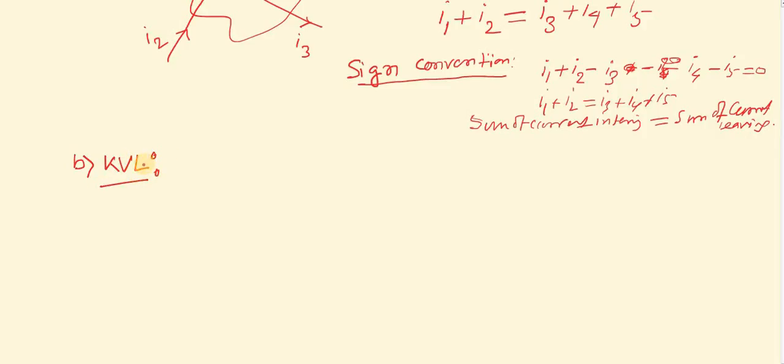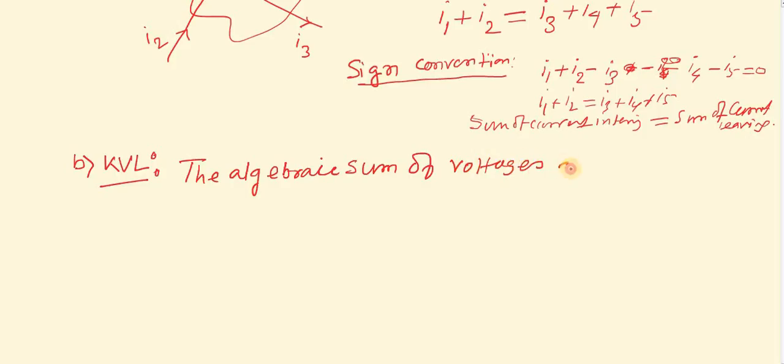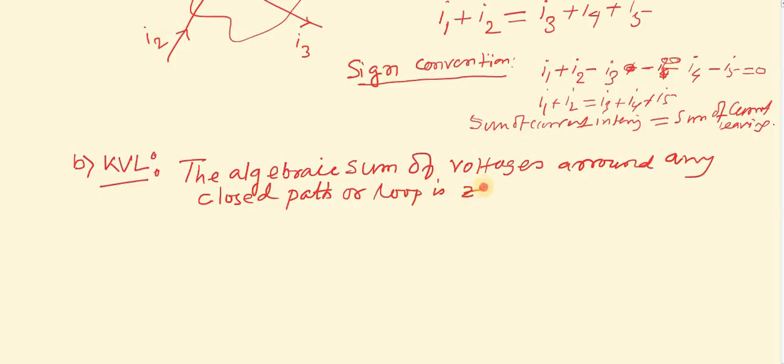Now Kirchhoff's voltage law states that the algebraic sum of voltages around any closed path or loop is 0.